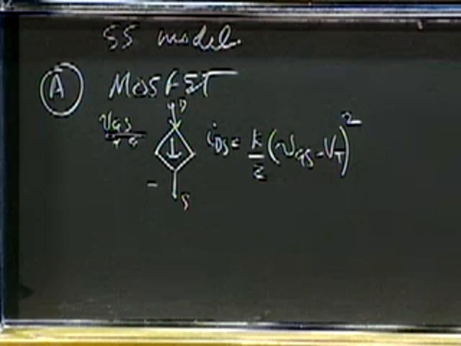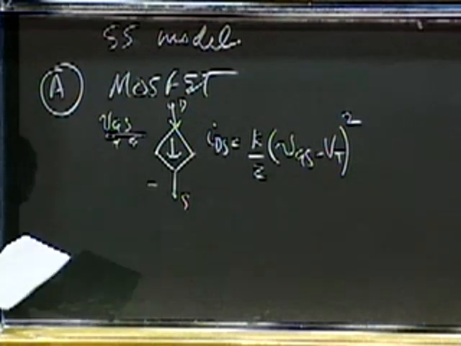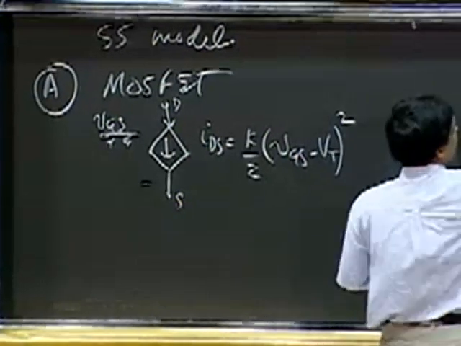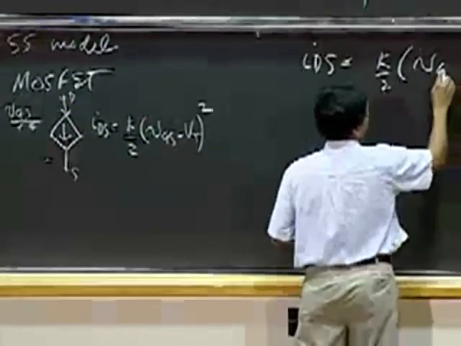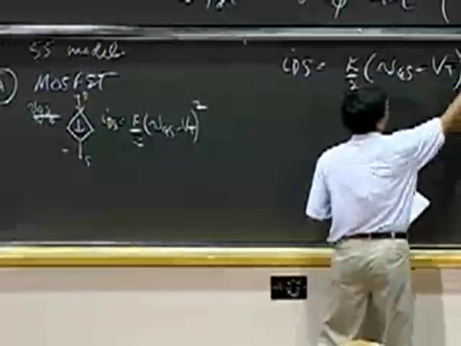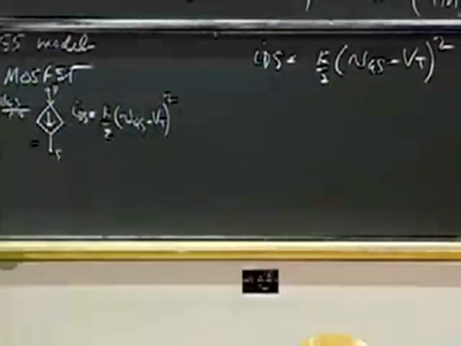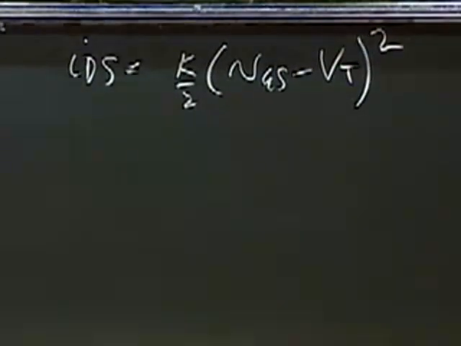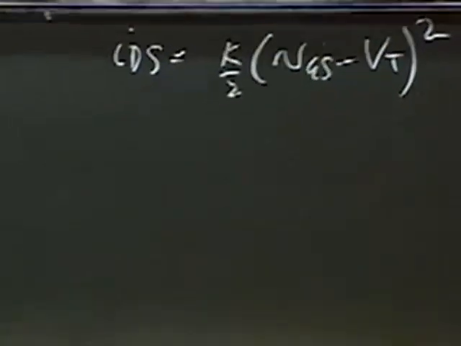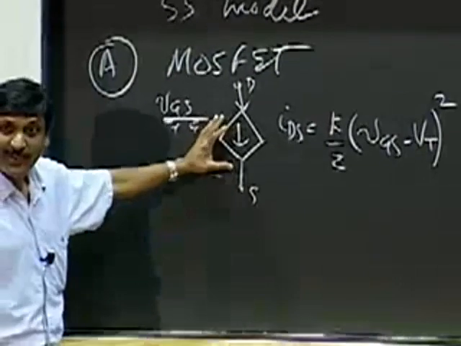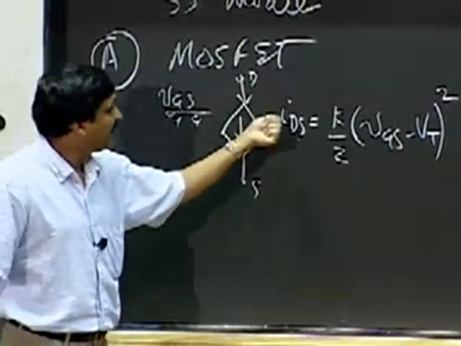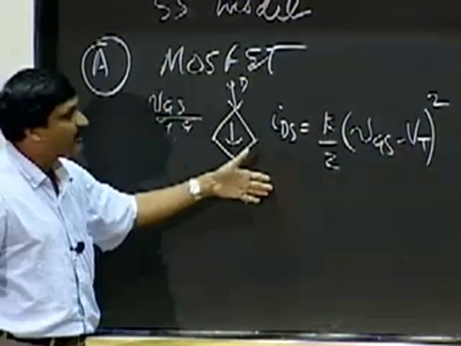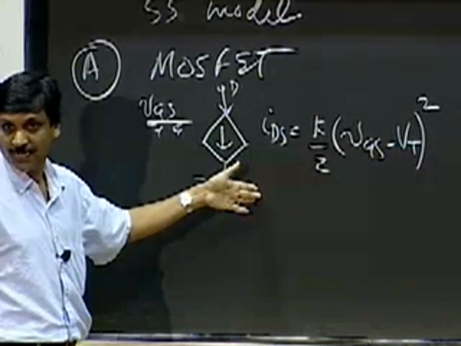So what's the corresponding small signal model? I go ahead and start with this. The corresponding small signal model simply says that IDS relates to VGS in the following way. All I have to do is find a small signal equivalent: given a small change in the input VGS, what is the small change in the IDS?